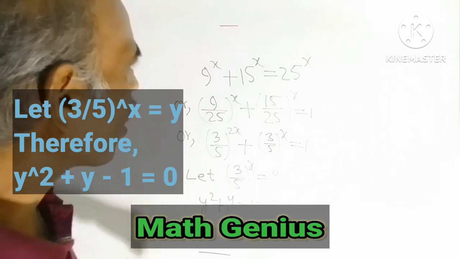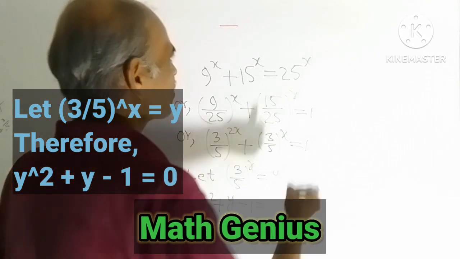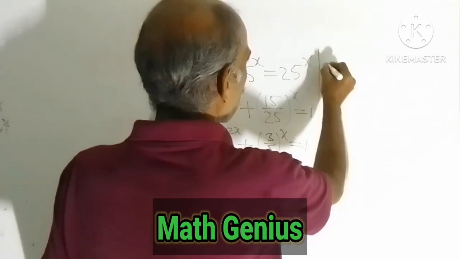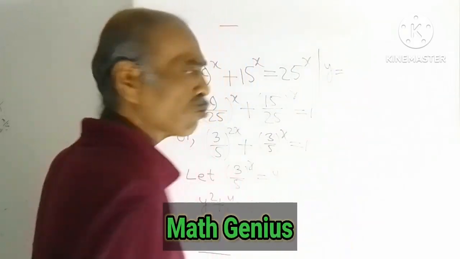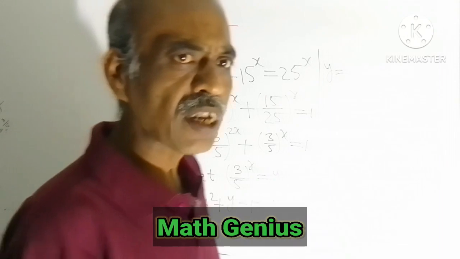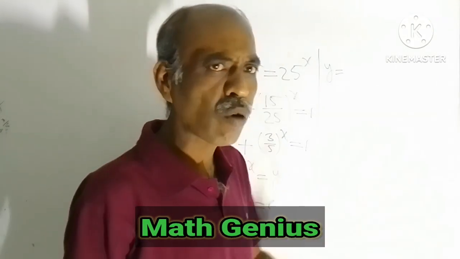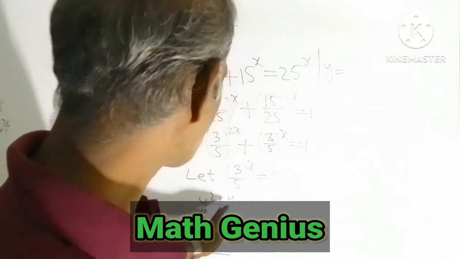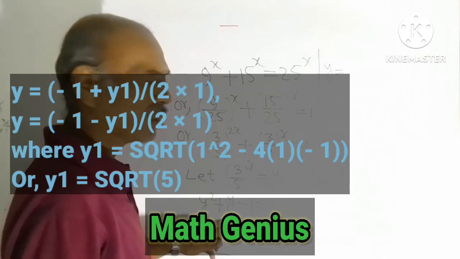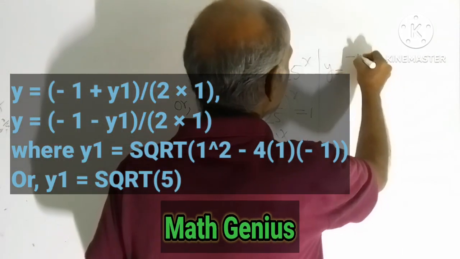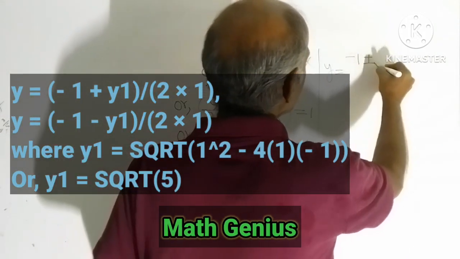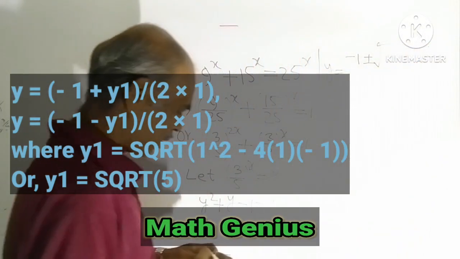Okay, so what is y? The value of y, this can be written here. y is equal to, according to that formula, ax square plus bx plus c is equal to 0, and from that formula we know the result. So here b is what? Plus 1. So here minus 1 will be there, then plus minus sign will be there, under root will be there.